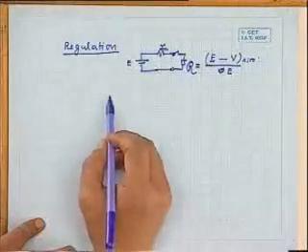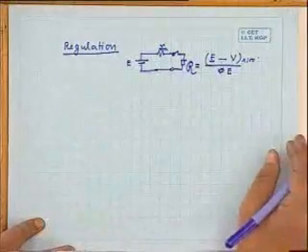Similarly, our supply authority is committed to supply voltage, not at a fixed level of 220 volt. They can play with it, but they are committed that some 2 to 5% regulation they will maintain, such that your voltage may go up, say 220 plus 5% of that, or 220 minus 5% of that. Are you getting?